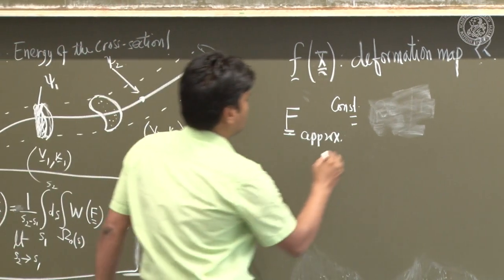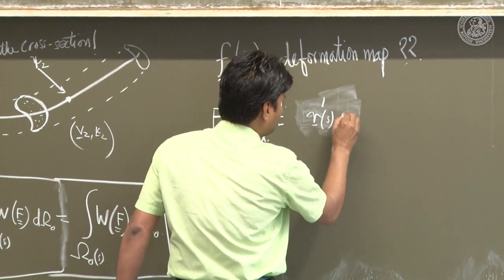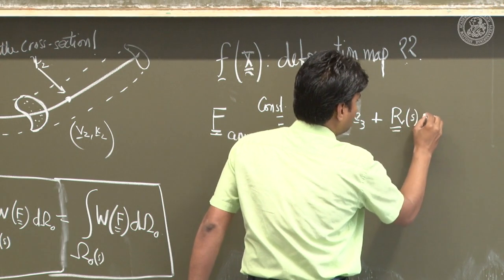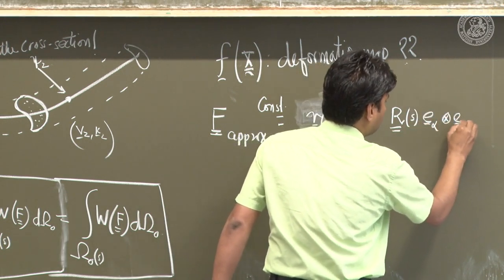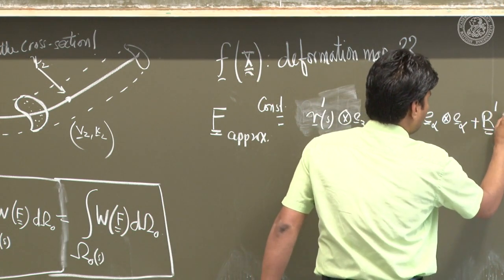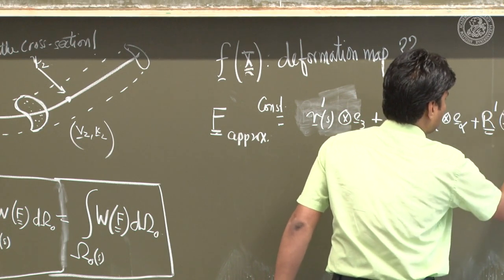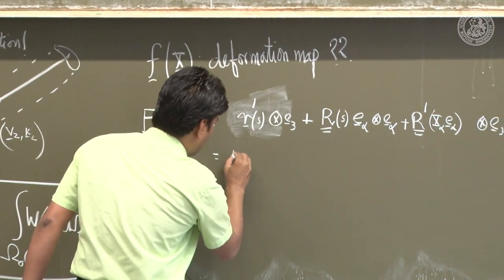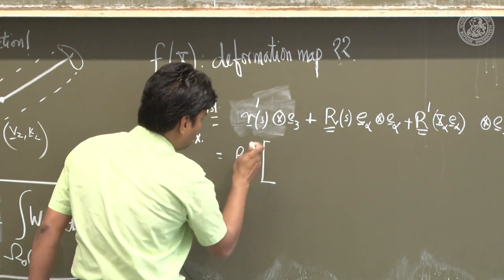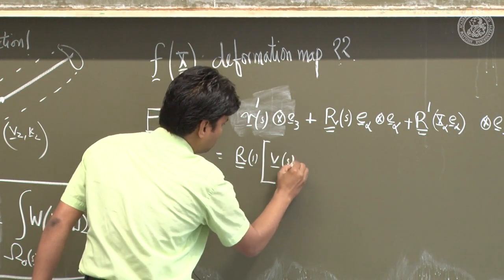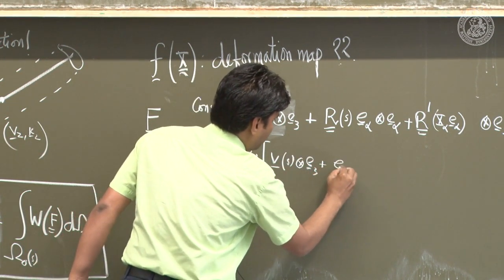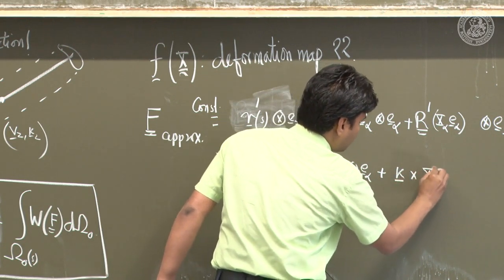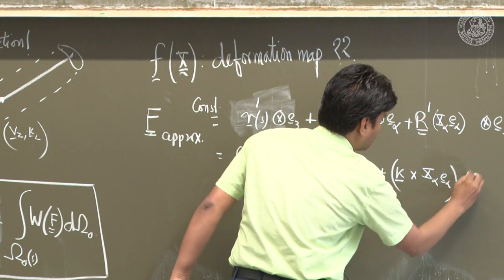You take its gradient, you obtain little r of S prime tensor product E3 plus big R of S E alpha tensor product E alpha plus big R prime X alpha E alpha tensor product E3, and then you can take a big R common and you have big R transpose little r prime, which becomes V of S tensor product E3 plus E alpha tensor product E alpha plus K cross X alpha E alpha tensor product E3.